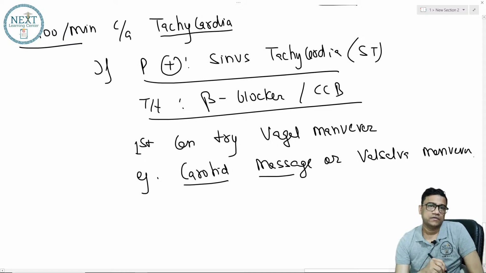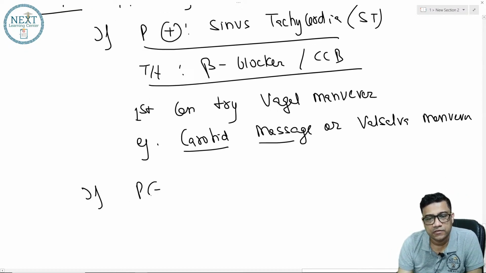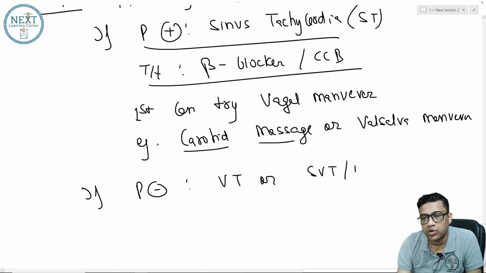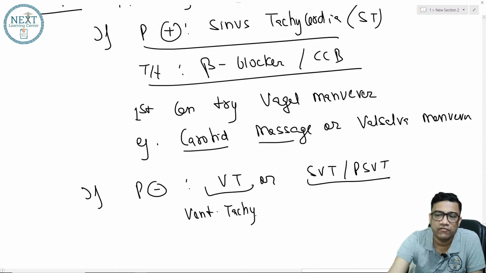Okay, fine. Now, if the P wave is absent, it's either a VT or SVT, also called PSVT. VT is obviously ventricular tachycardia and SVT is supraventricular tachycardia.